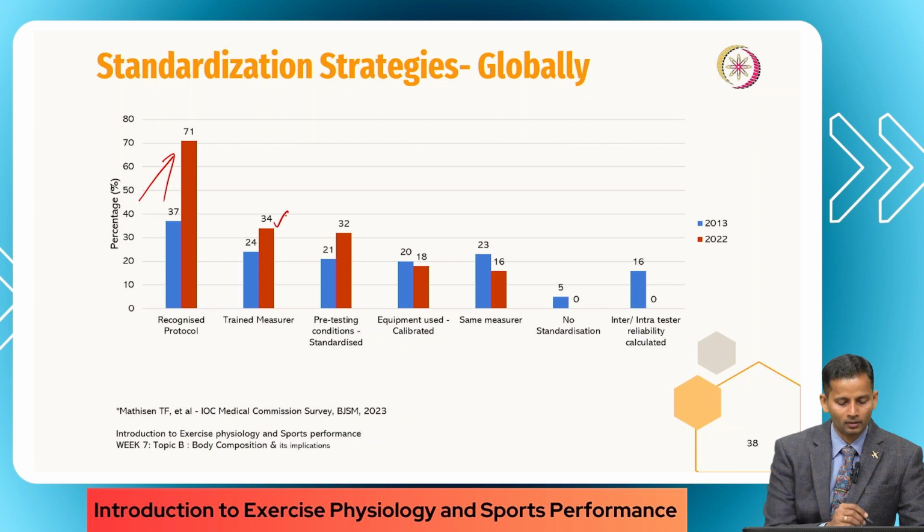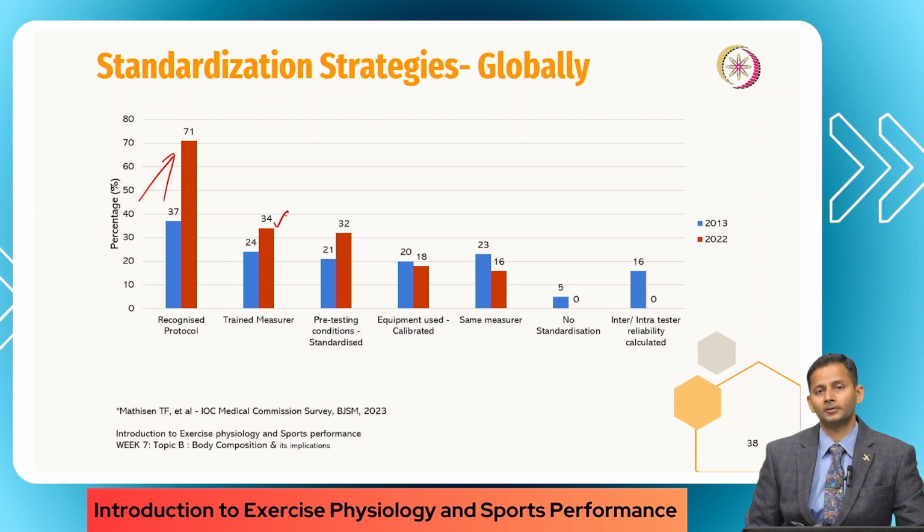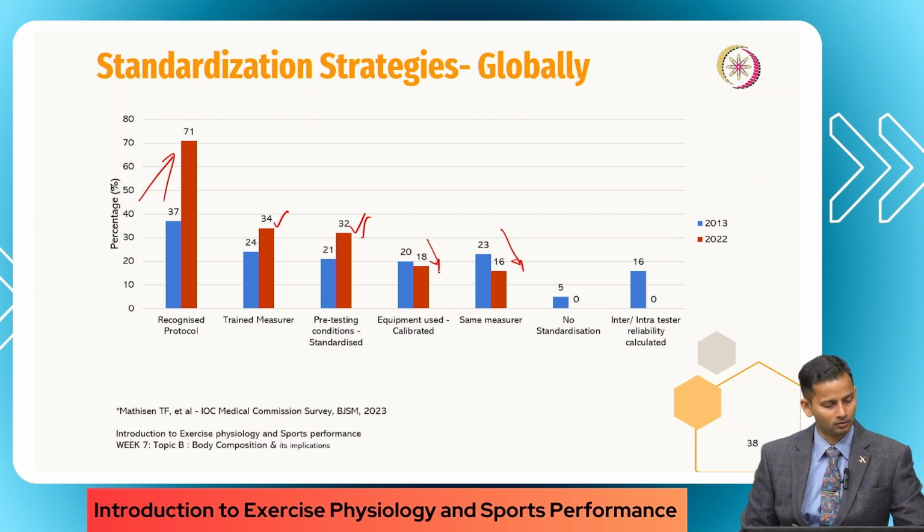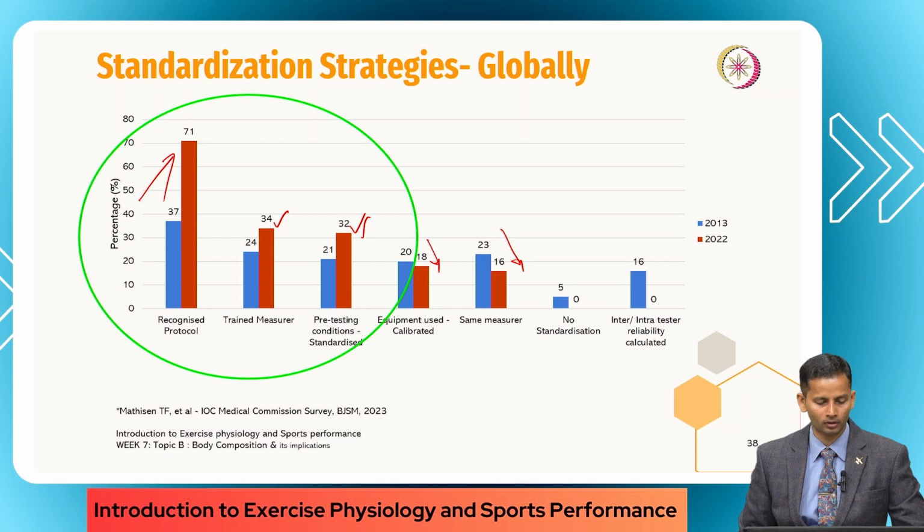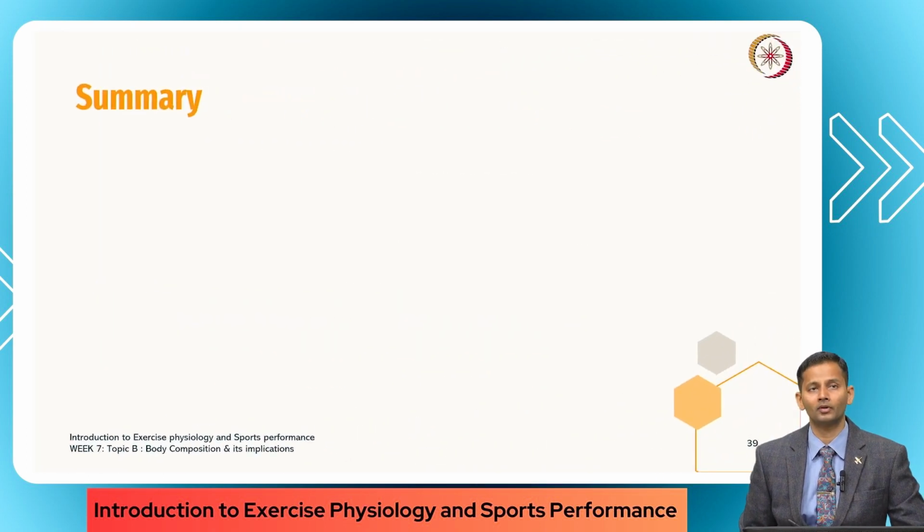And you have people measuring using trained measurers, so that measurement-related variability is negated. Pre-testing conditions are more stringently followed before the testing of body composition. And obviously there is a decrease in using the same measurer, and the equipment is being calibrated. So that's an important positive change that has happened over 10 years.